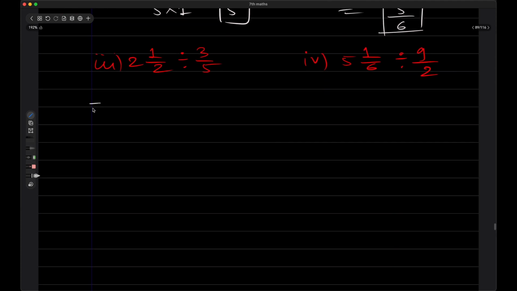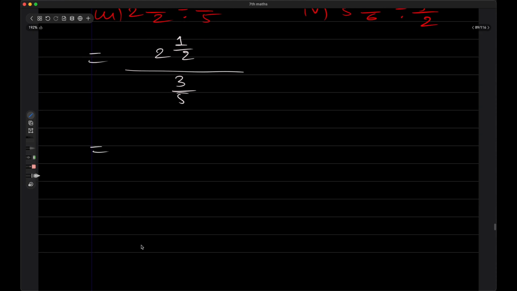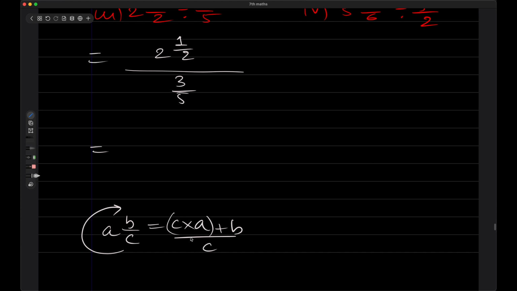For the third one, write the left side above the division line, and the right side below the division line, that is 2 whole 1 by 2 above the division line, and 3 by 5 below the division line. Now we have to convert the mixed fraction to an improper fraction. That is a whole b by c to improper fraction, that is equal to c into a plus b divided by the denominator, that is equal to 2 into 2 plus 1, 5 by 2, division line, 3 by 5.